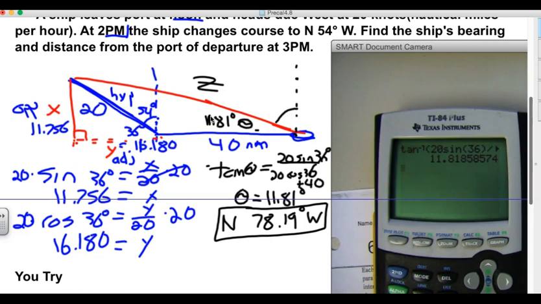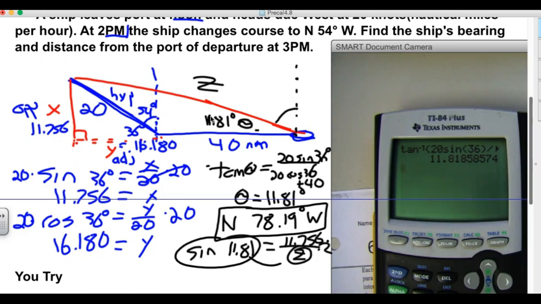So that would be opposite and hypotenuse. So we can say the sine of 11.81 equals 11.756 over z. Of course, we multiply by z, whenever we've got z on the bottom instead of on the top, you have to swap it with this.